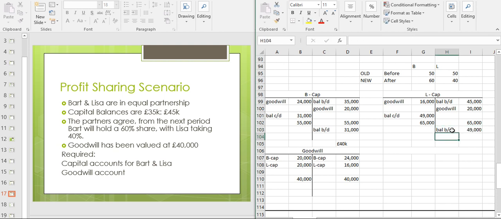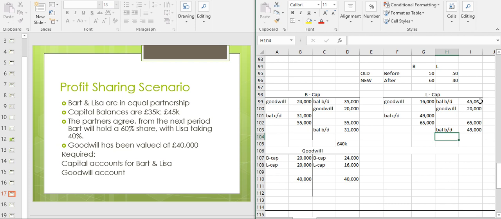So let's have a look. Bart started with 35 and he has now ended up with 31. His capital has gone down. The reason for that is because he has taken more of a share in the business. So his capital has gone down by how much? 4,000, which means that 4,000 is going to go to Lisa.